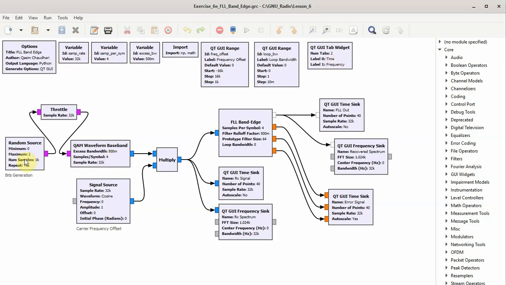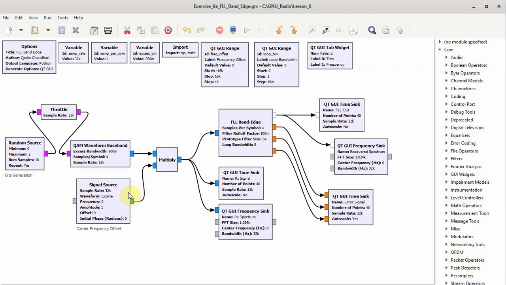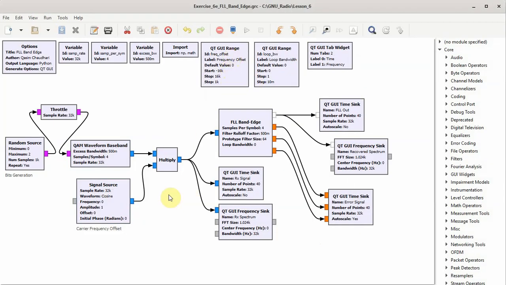After zeros and ones generation, the input is given to a custom QAM waveform block, which we have discussed in lecture 3. The excess bandwidth, samples per symbol, and the sample data are taken from their respective values. A frequency offset is introduced through a complex sinusoid block whose frequency is the frequency offset defined by the slider.